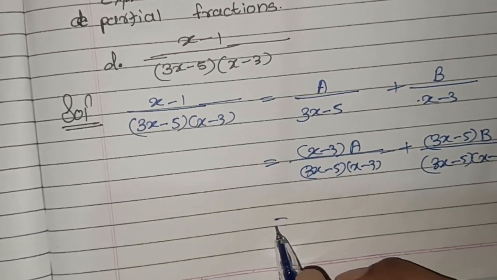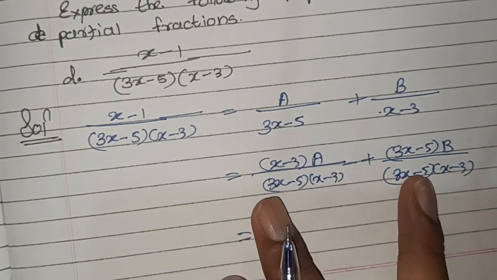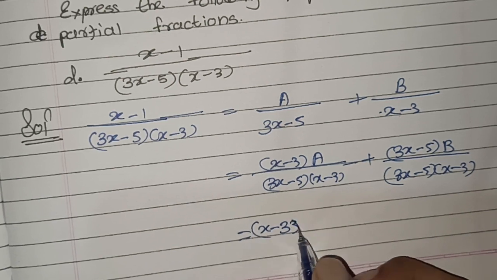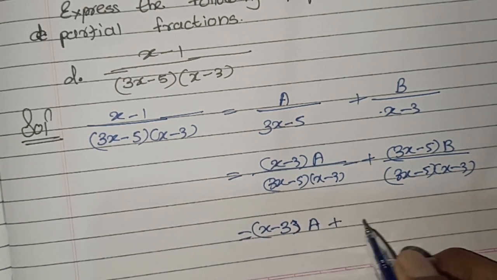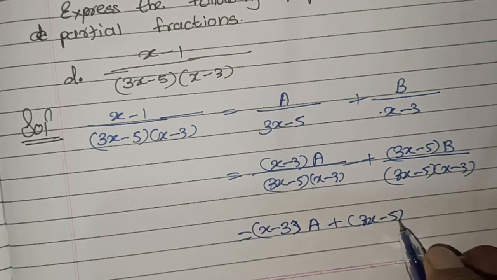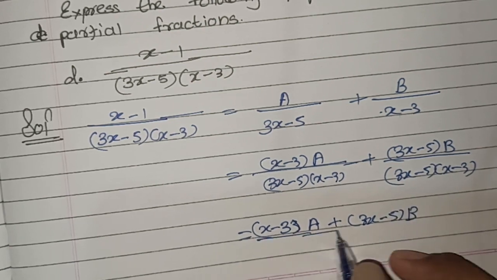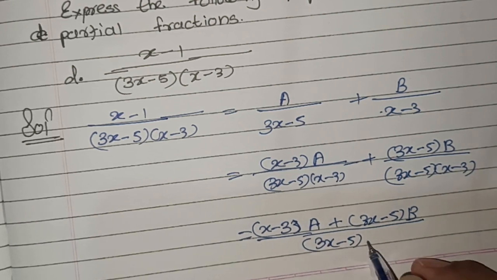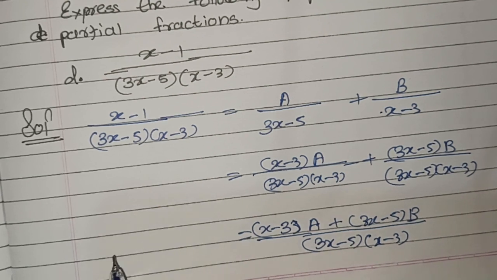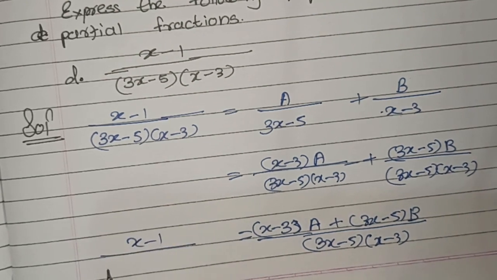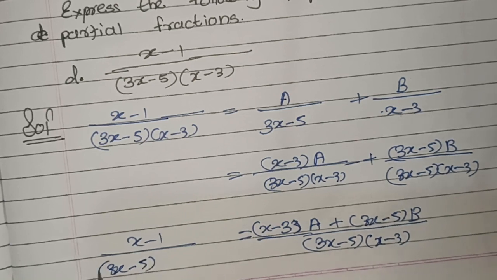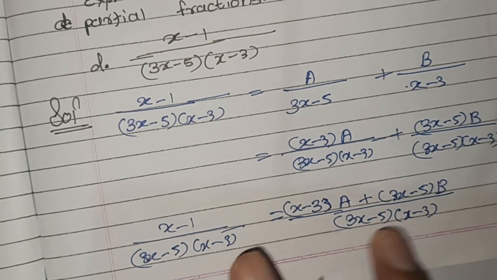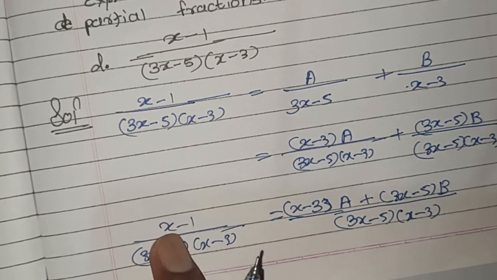Now both the denominators are the same, so we get x minus 3 into a plus 3x minus 5 into b upon 3x minus 5 into x minus 3, and on the left hand side it is x minus 1 upon 3x minus 5 into x minus 3. On the left hand side and right hand side the denominators are the same, so equate the numerators.